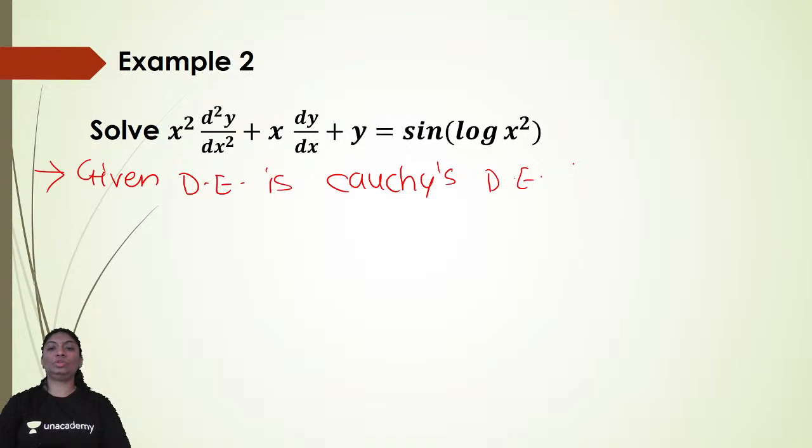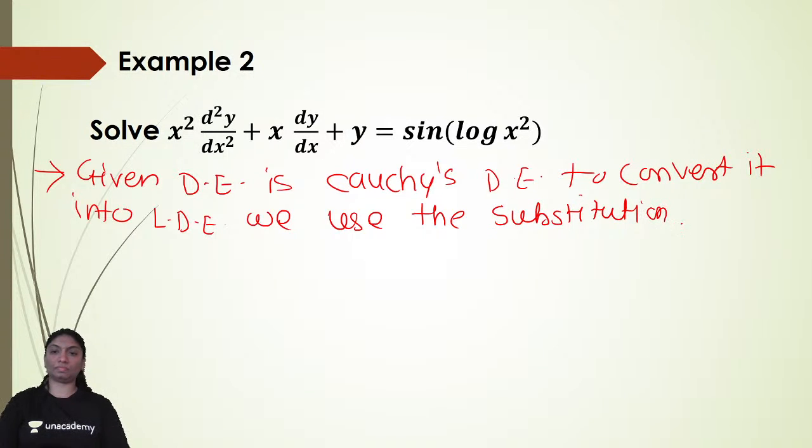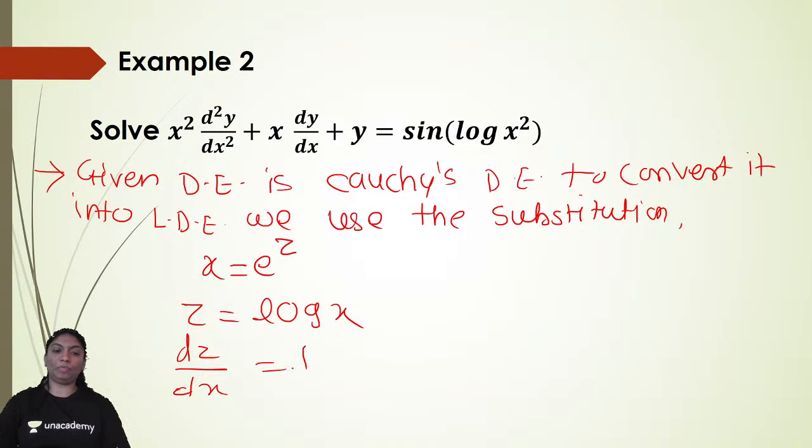To convert it into a linear differential equation with constant coefficients, we use the substitution x is equal to e raised to z, z is equal to log x, dz by dx is equal to 1 upon x.